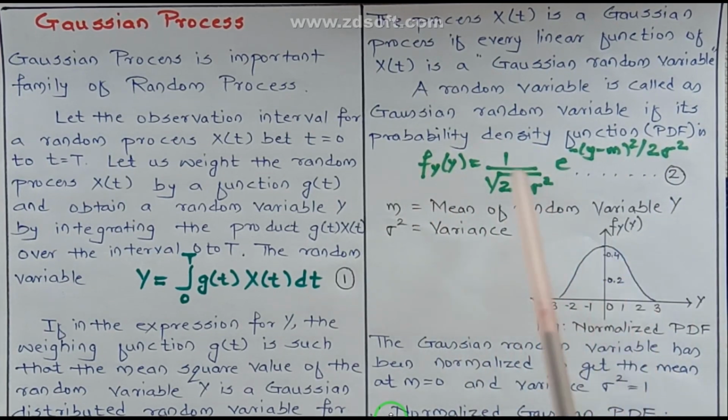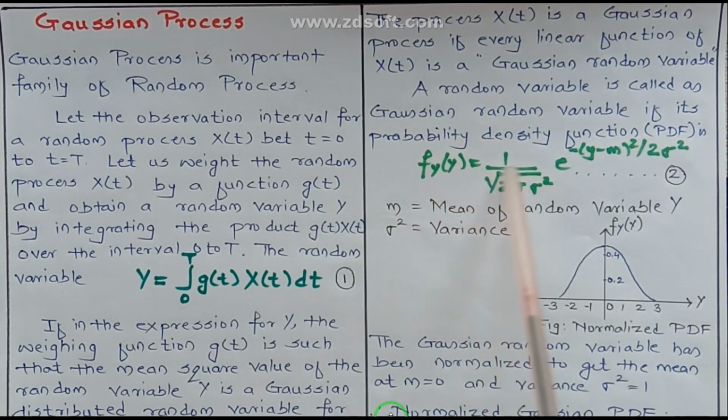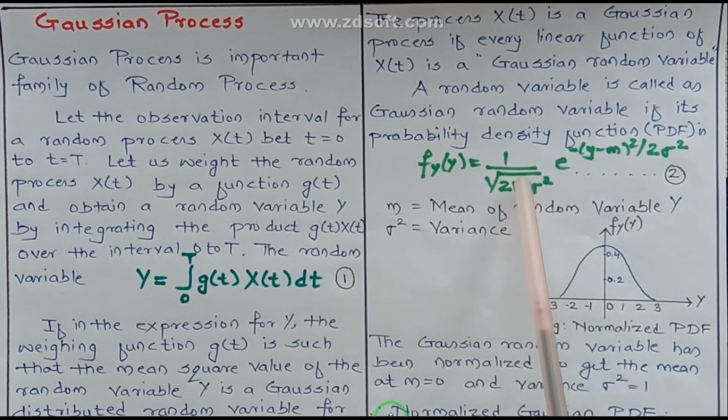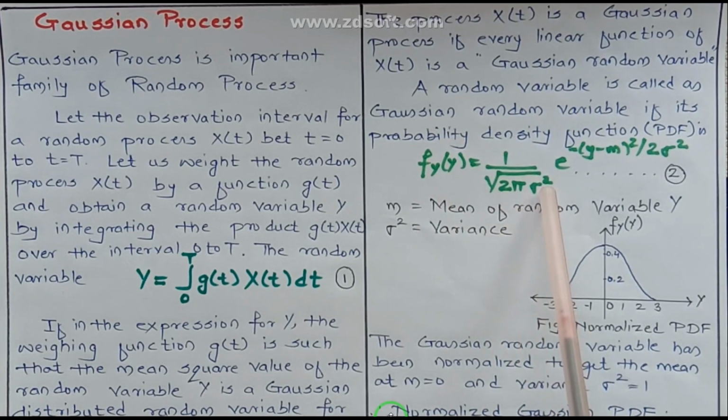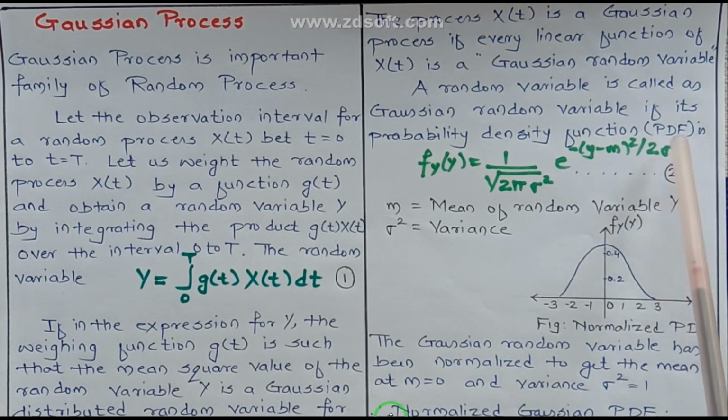It is given by f of y is equal to 1 upon under root of 2 pi sigma square, e raised to minus in bracket y minus m whole square divided by 2 sigma square.